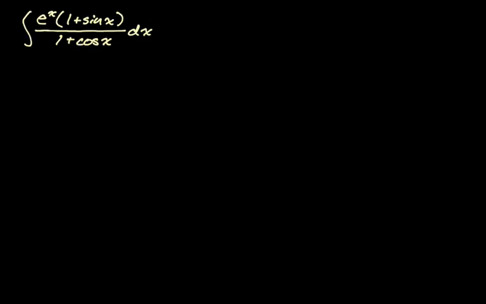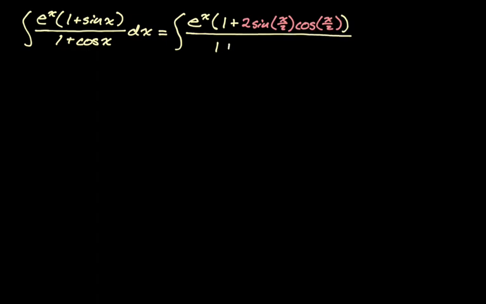So let's see. Here's what we start with. We want to rewrite it, right? So we have e to the x, 1 plus, and we're replacing sine with 2 sine x over 2 cosine of x over 2. And then in the denominator, we're going to replace cosine with the formula that we just worked out. So it's going to be 1 plus 2 cosine squared of x over 2 and then minus 1.